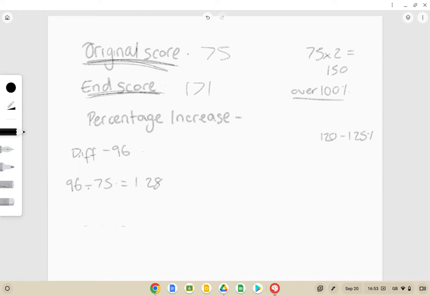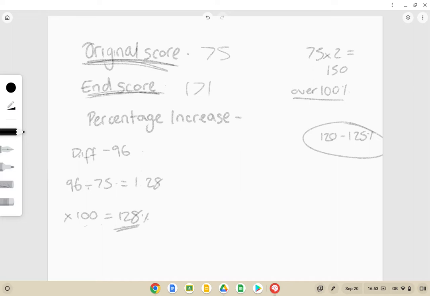And then we times that by 100, and we get 128. Now, if you look at my original guess, that is pretty much a ballpark figure, maybe just outside. But in this case, we've had a percentage increase of 128.